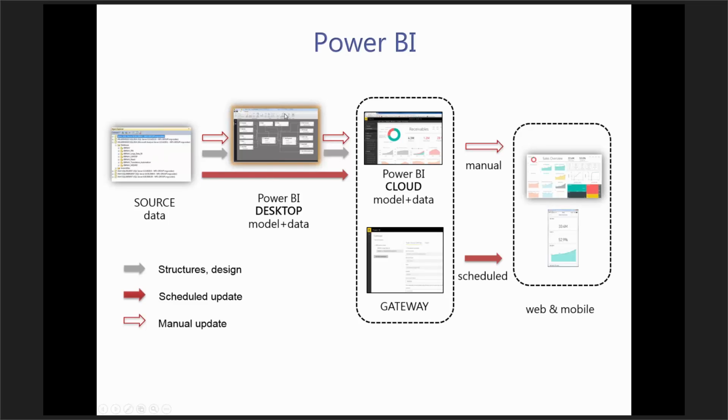In the next step in Power BI, we do some desktop modeling and importing of data to publish this data in the cloud. There is a gateway: if you want to automatically update the data on mobile, then we need a gateway. Otherwise, we can do it manually with the free version. The first part of our presentation is all about the data source.